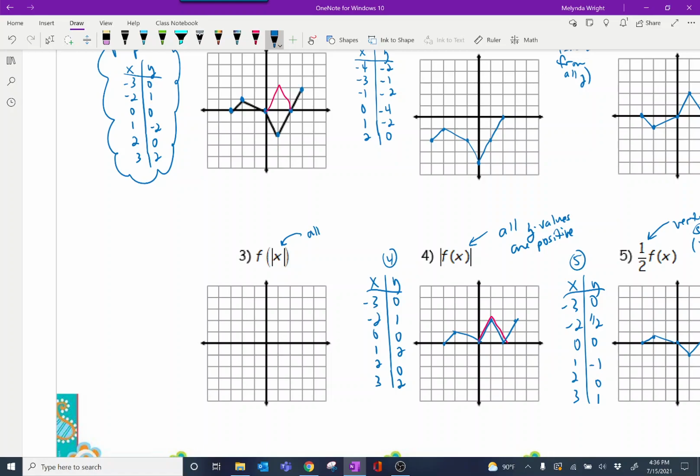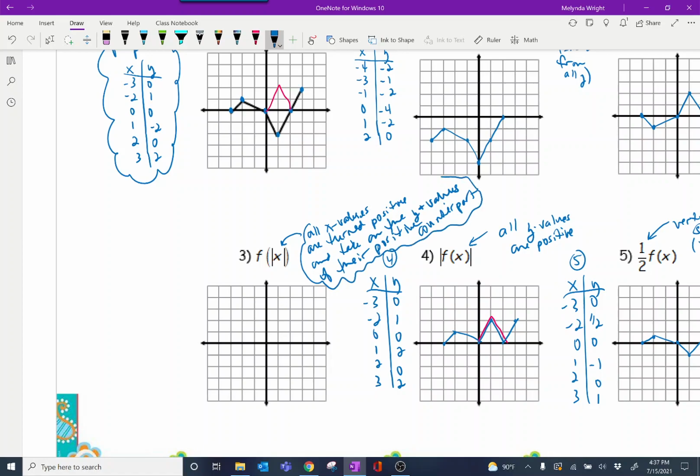All x values are turned positive and take on the y values of their positive counterpart. You're like, what? Have you lost your mind?